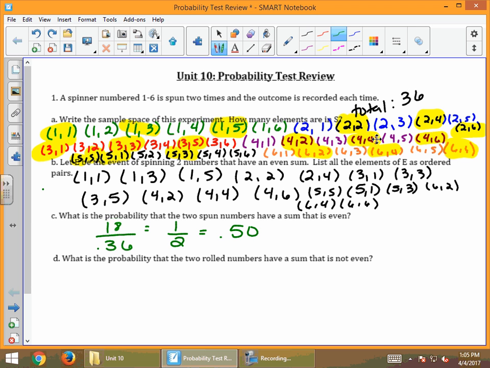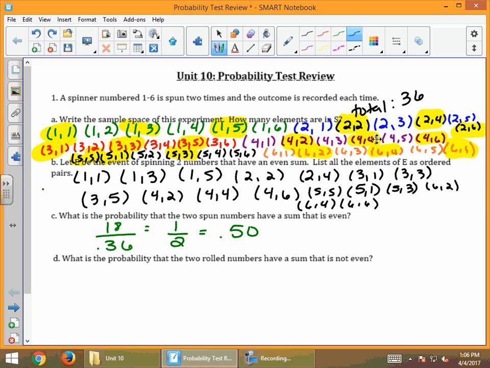And D, it says, what's the probability that two rolled numbers have a sum that is not even? If 18 out of 36 are even, that means the other 18 out of 36 aren't.